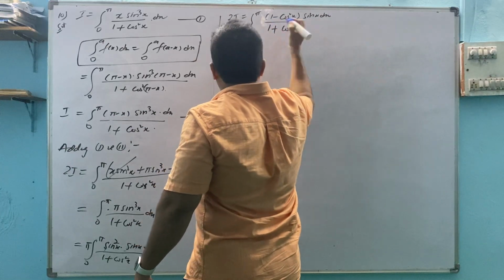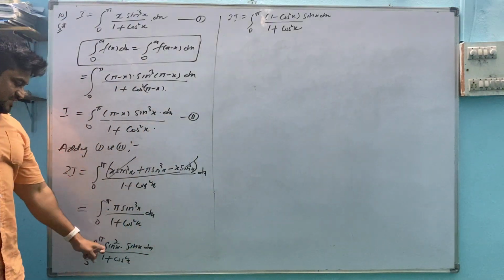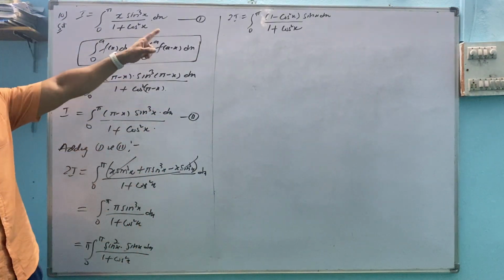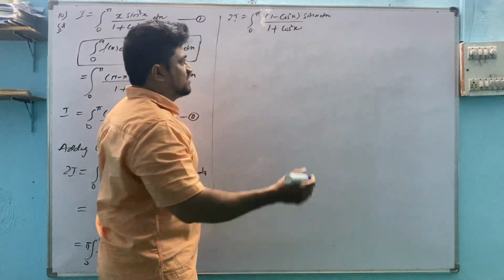What you have to remember? When sin cube is given, write sin square into sin, then sin square is changed as 1 minus cos square. Now cos square and one single sin means substitution method.